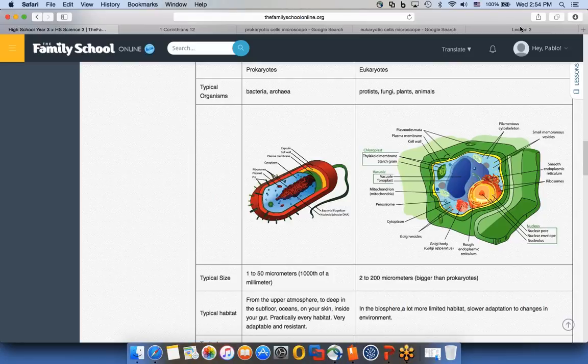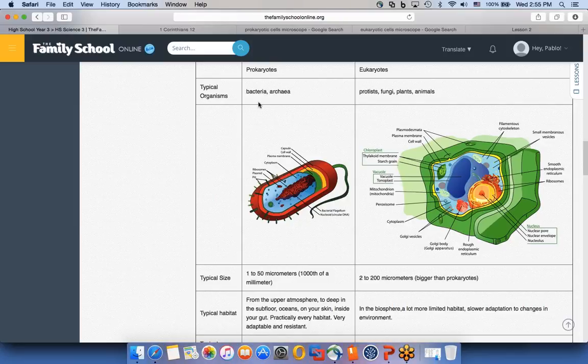That is something really interesting. Viruses are actually encapsulated strands of DNA, and so they are not really a living thing until they enter into a host cell.